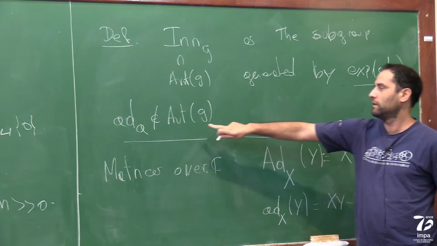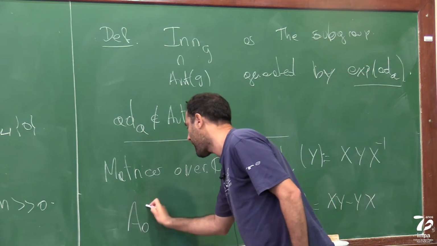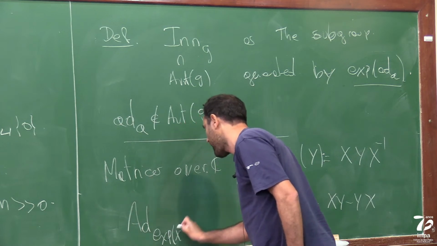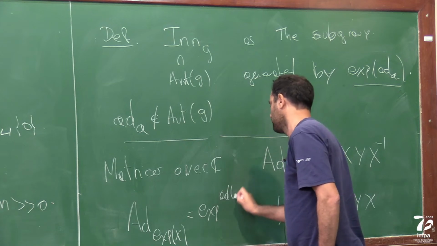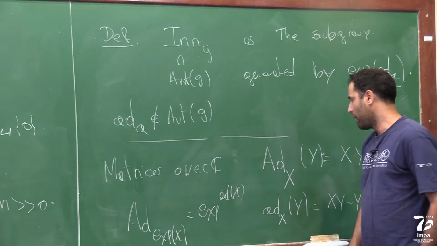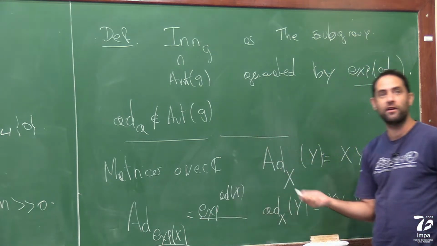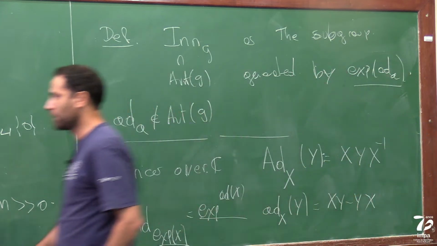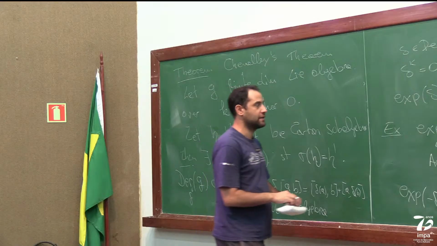So there's a relation between these two: the adjoint action by the exponential of X is the exponential of the adjoint action by X. Now, this exponential here and this exponential here require convergence. Okay, so this is the theorem that I want to prove, and this is going to take some time.